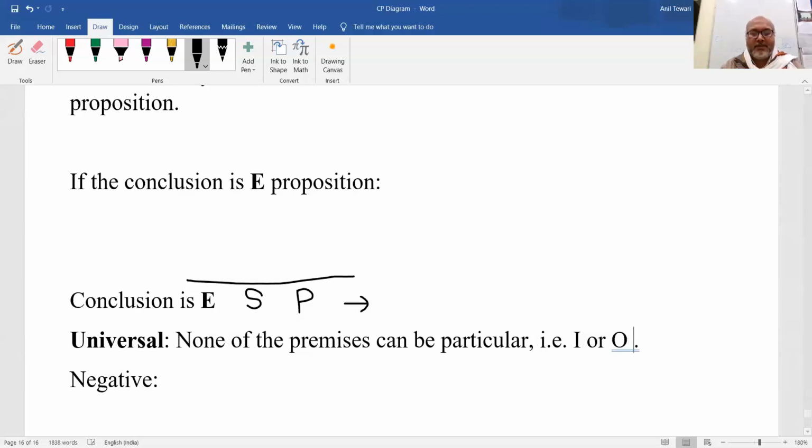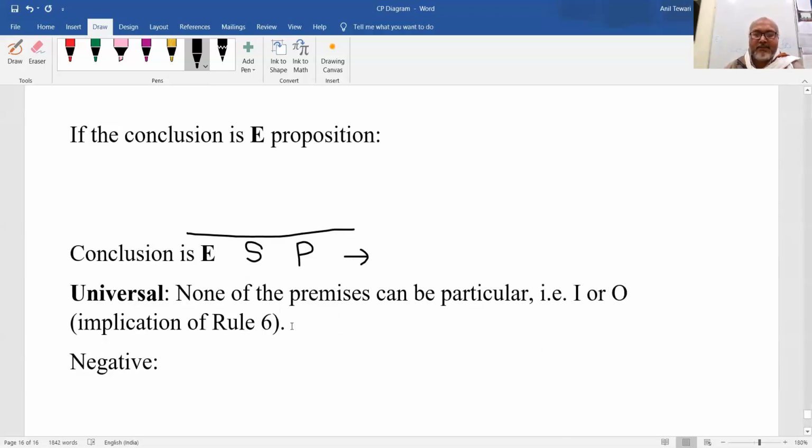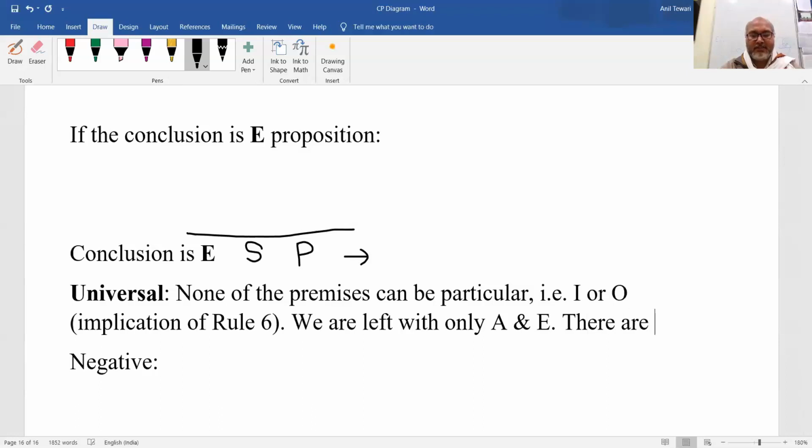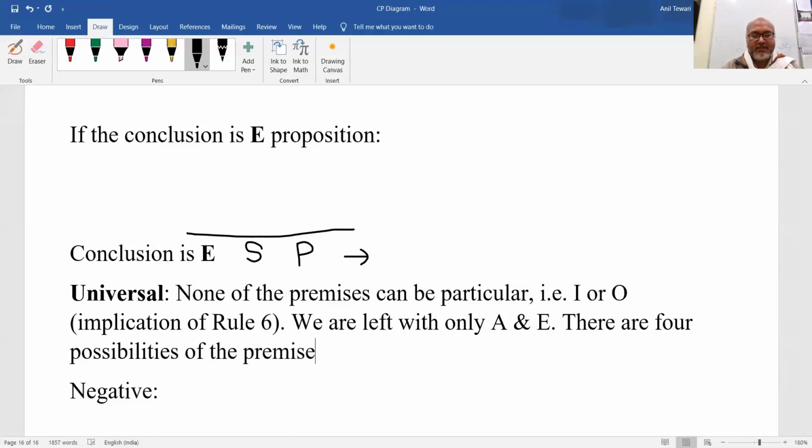Okay. And what is this rule? This is implication of rule 6. Okay. So what is left? We are left with only A and E. So we can have only A and E as premises. There are 4 possibilities of the premises by engaging A and E, क्या होगा?